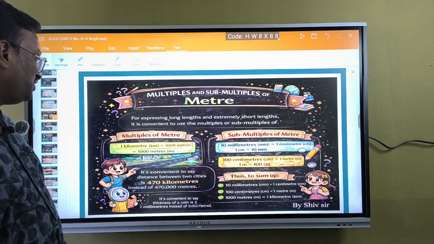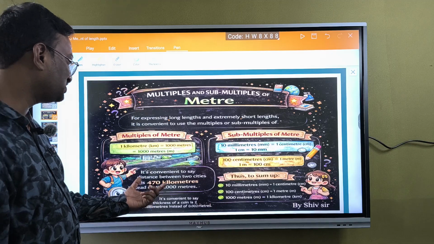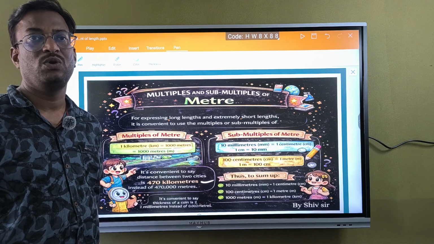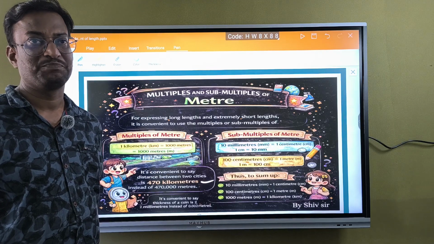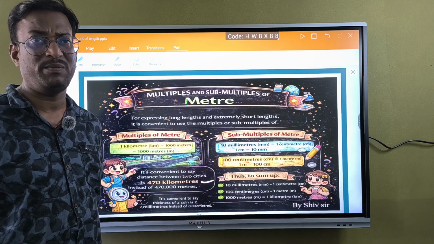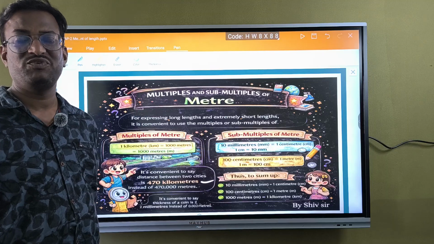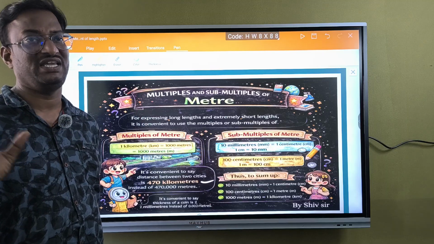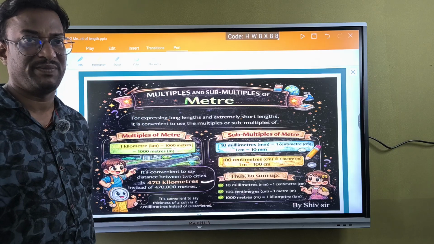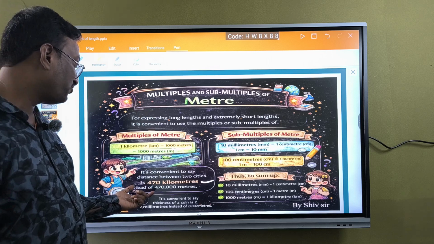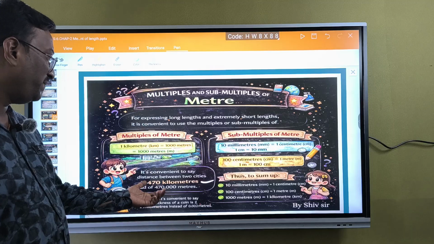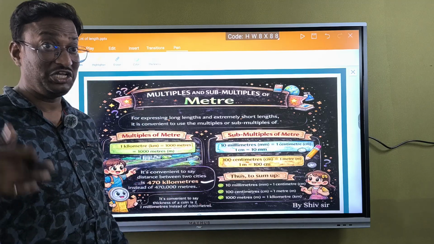So it is convenient to say the distance between two cities is 470 kilometers. Suppose the distance from Bangalore to Hyderabad: we can say it is 470 kilometers. In kilometers it is easy to say, the number is short, only 3 digits. But if you measure the same distance in meters, it will be around 470,000 meters.